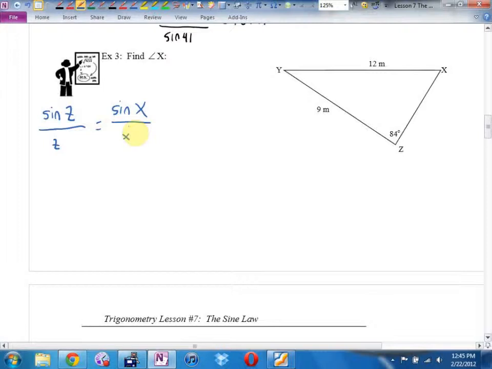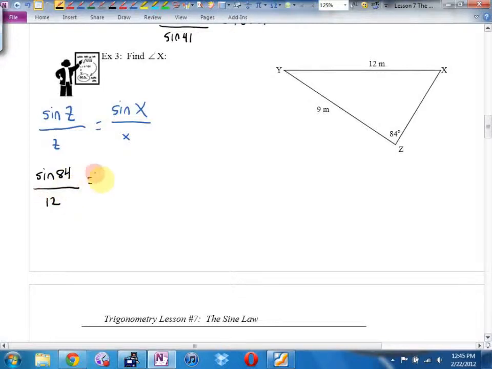Right? Cheyenne, how big is angle Z? Right from the, yep. Divided by, how big is side little z across from it? Yeah. Nice.